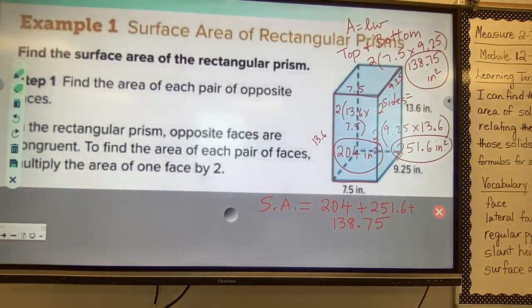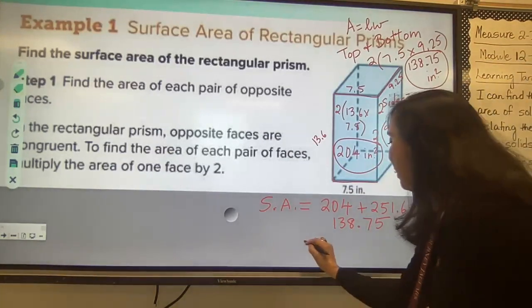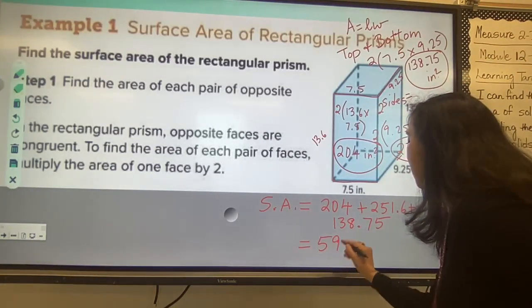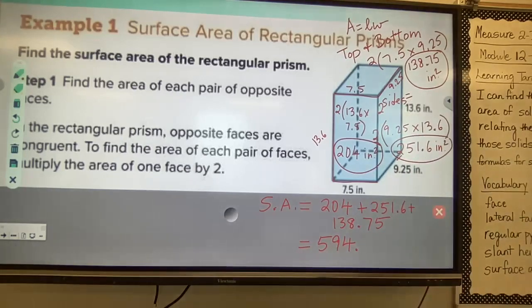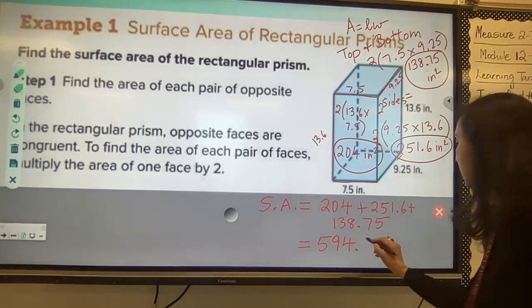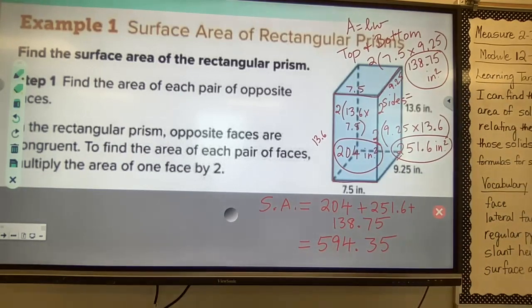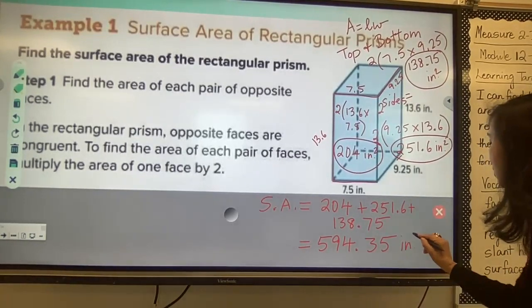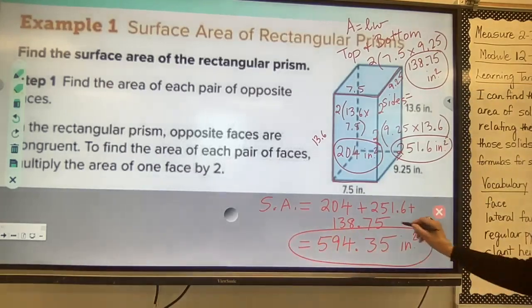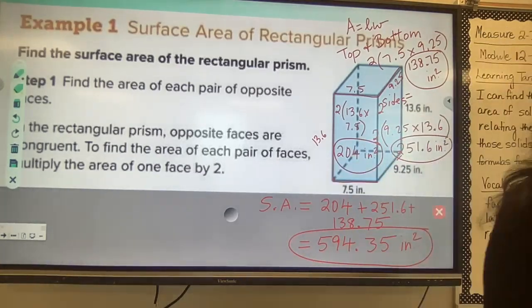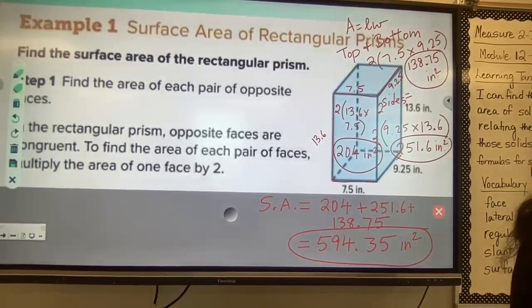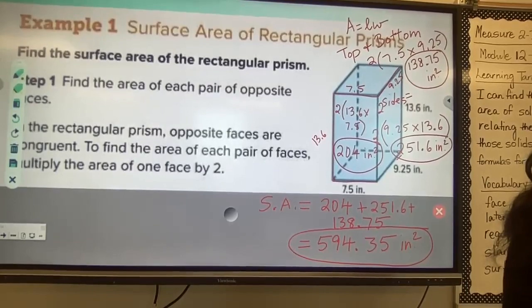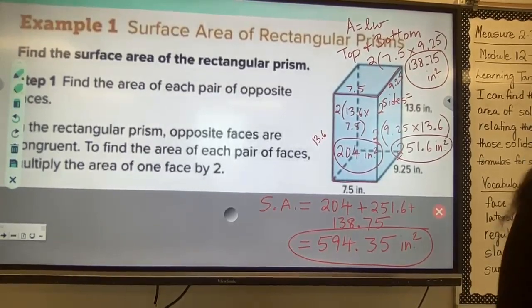And when I add all of this, my surface area is going to be 594 and 3500 inches squared. So this is my surface area of this shape. Okay, and that's how surface area is calculated.